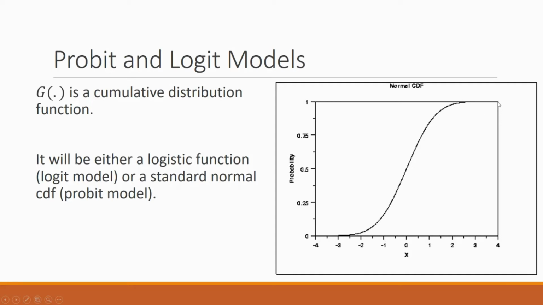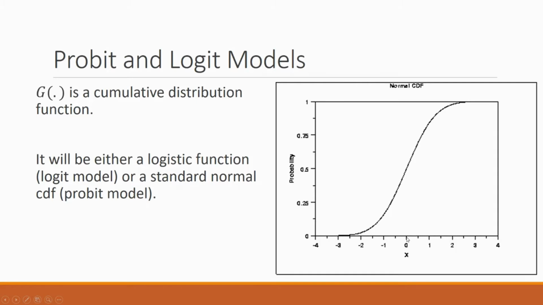And eventually, 100% of your data is smaller than 4. So this is giving you the cumulative probability, the probability of finding any value less than the number given on the x-axis.